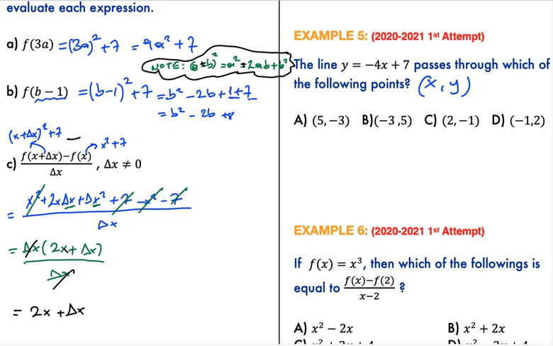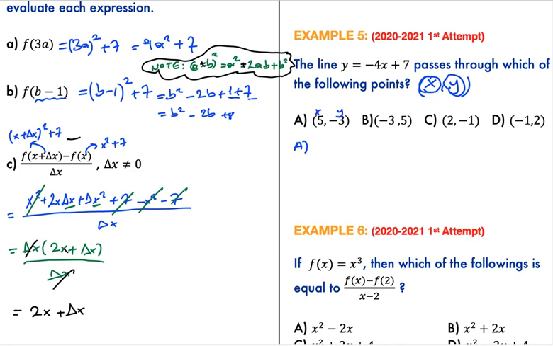So we will not be just inserting the x value, unlike the previous question. We will be inserting the y value too. So we will insert x and y both together and see if the point we are trying makes the equation true. Let's try them option by option. Option A, 5 for x, negative 3 for y.